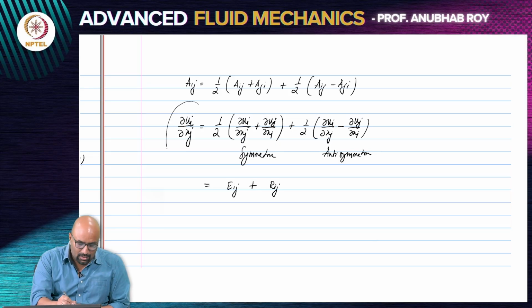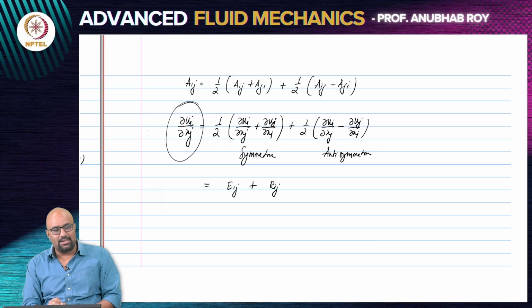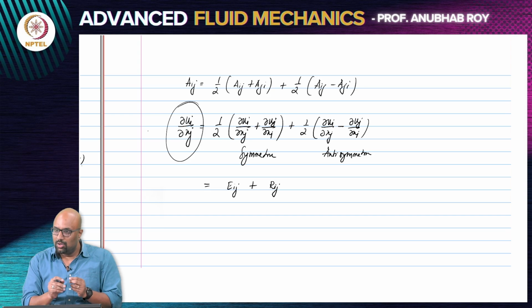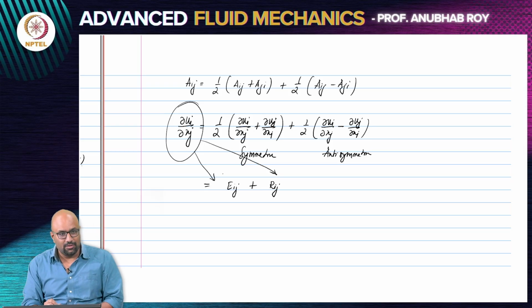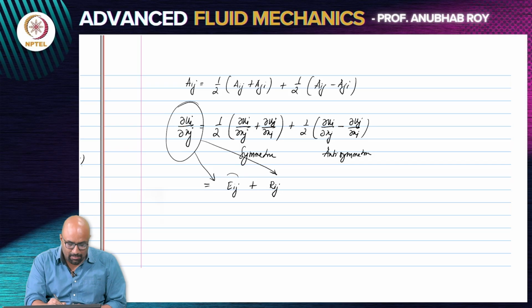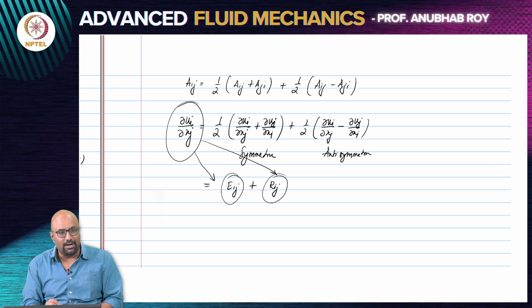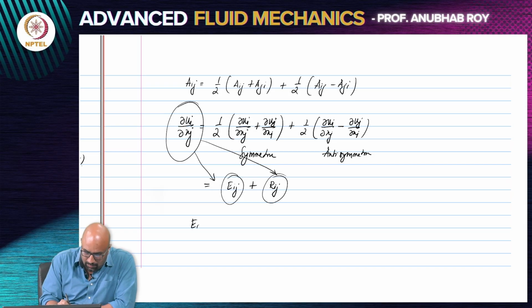So we understood that there is a velocity gradient which captures how two neighboring points differ in terms of their velocities, and that velocity gradient, which gives us information of deformation, can be split into a symmetric part and an antisymmetric part. The symmetric and the antisymmetric part fundamentally have very different ways in which they deform, and that's what we will look at.